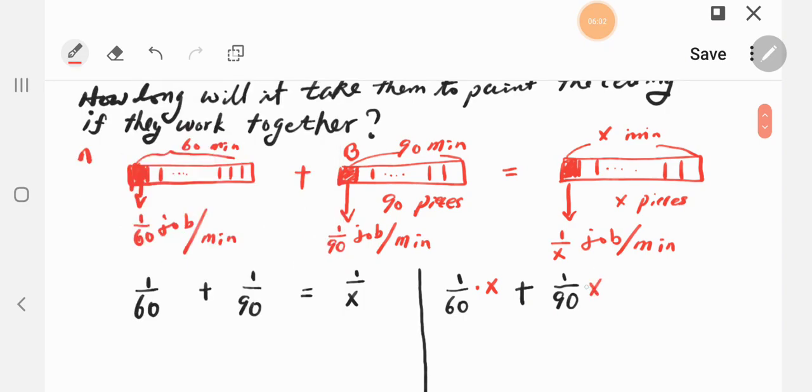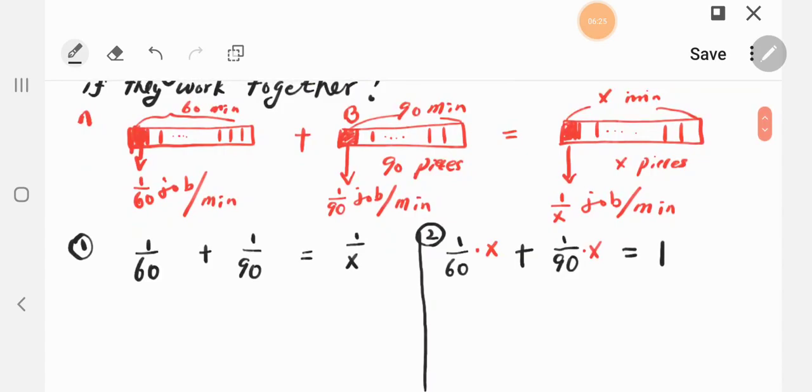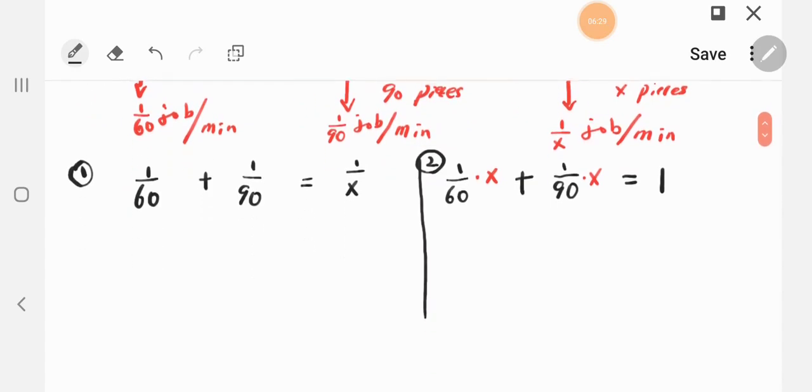It takes X minutes to complete one job, so the sum of these two works will be one complete job. You can use either this equation or this equation. Actually, they are the same. You can solve for X from either one. So let's use the first one.